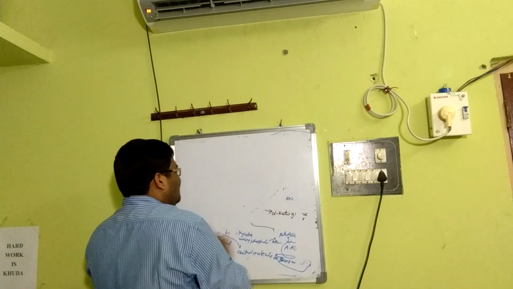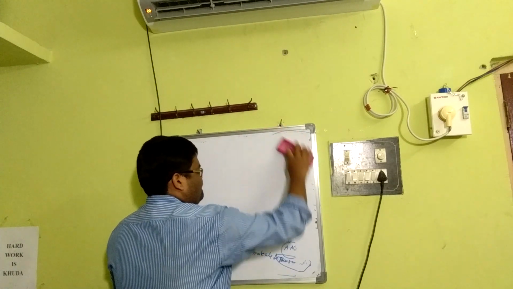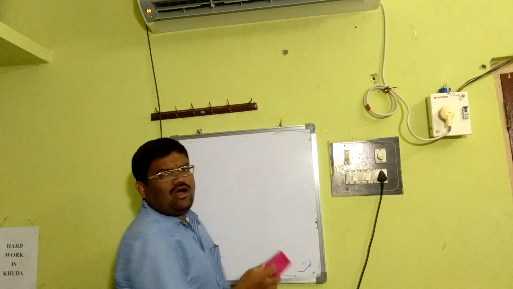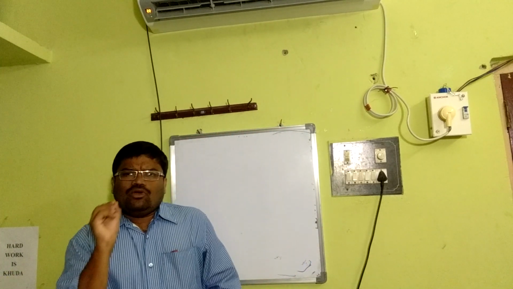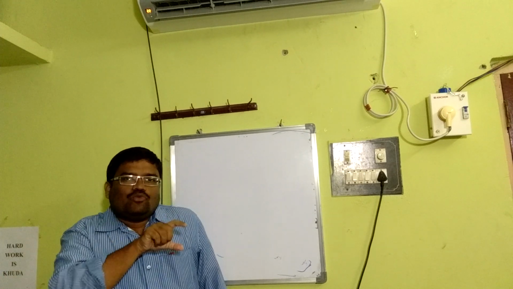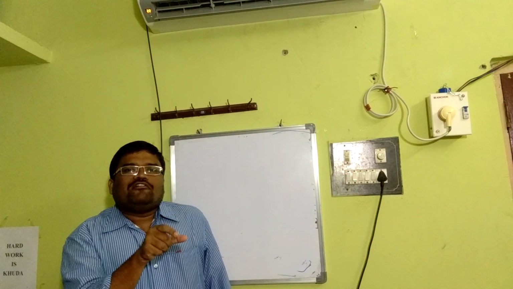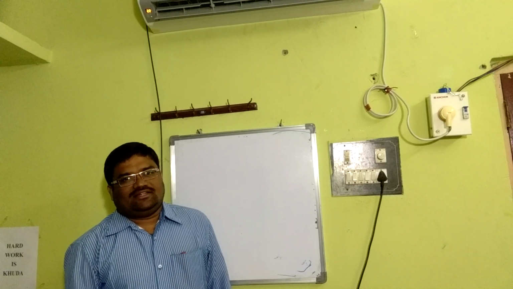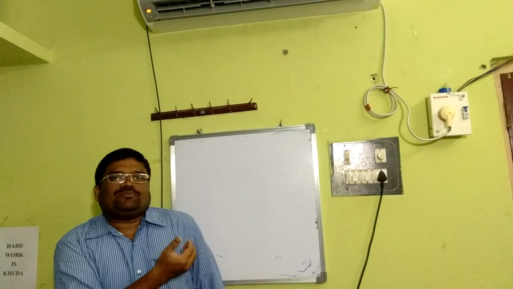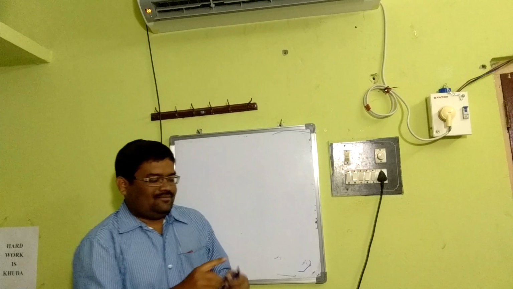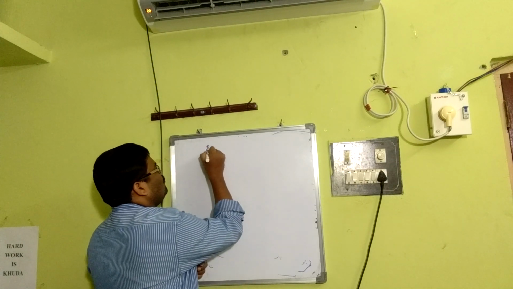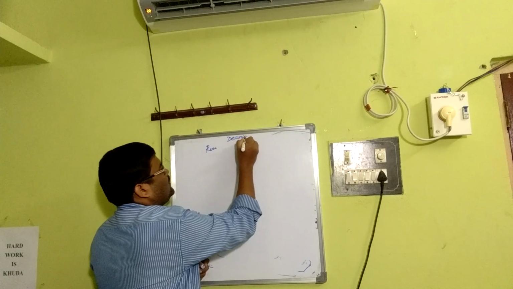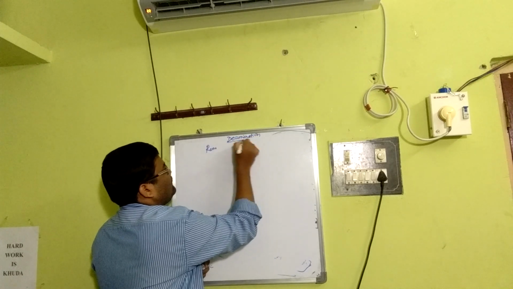Deamination, the word implies removal of ammonia, that means removal of the amino group from an amino acid in the form of ammonia. That means removal of ammonia from the amino group of the amino acid. Deamination.